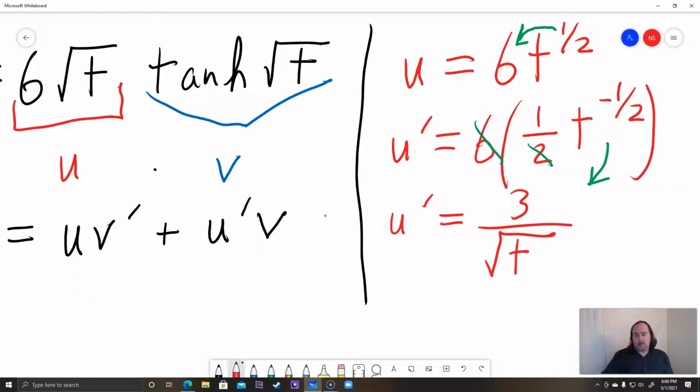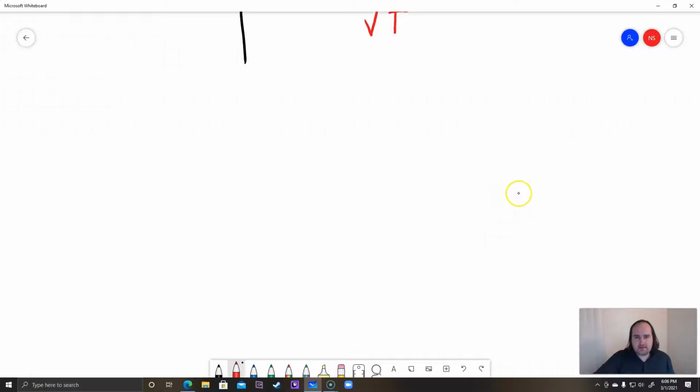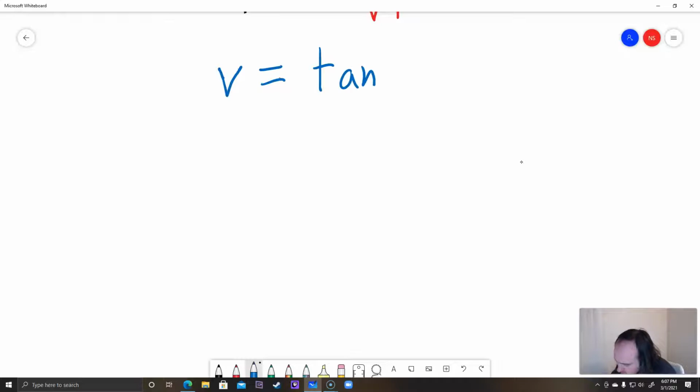All right. And then we still need to calculate our v prime. So our v prime is going to be the derivative of tanh of root t. So that's going to be quite a bit of work. First of all, let me just write down v. So here v was equal to tanh of root t.